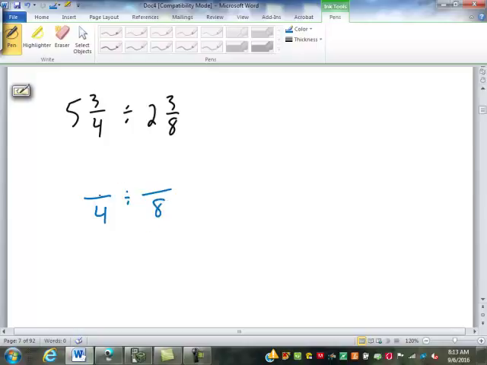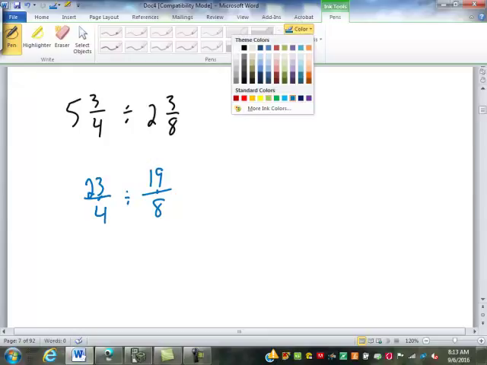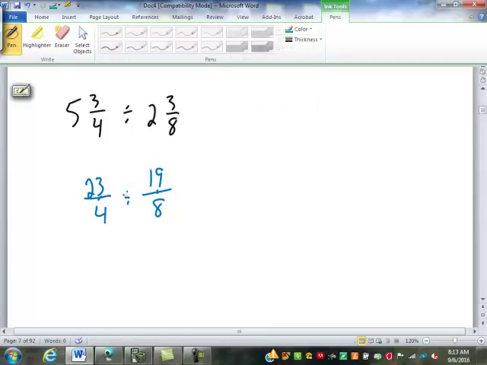So what's this one going to become? 23. 5 times 4 is 20, plus 3 is 23. This one will be 19. 2 times 8 is 16, plus 3 is 19. Can I cross cancel there? No, it's still division right now.